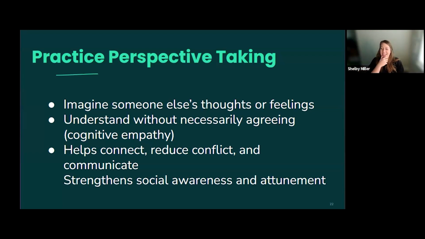Obviously, we're going to talk just briefly next week about things like autism. Some of those things make it a lot harder for the brain to work for empathy, and reading social cues is not easy. So we'll talk about how they connect back to barriers we need to consider when we're talking about empathy and social awareness in general.